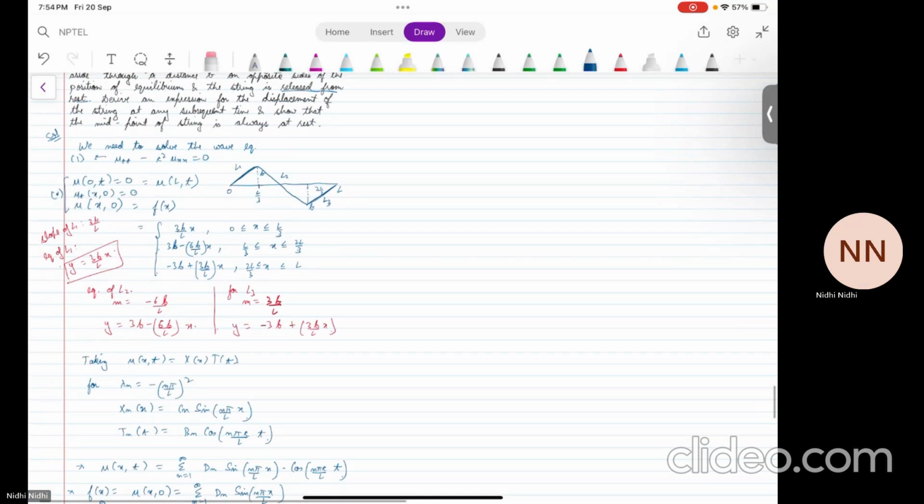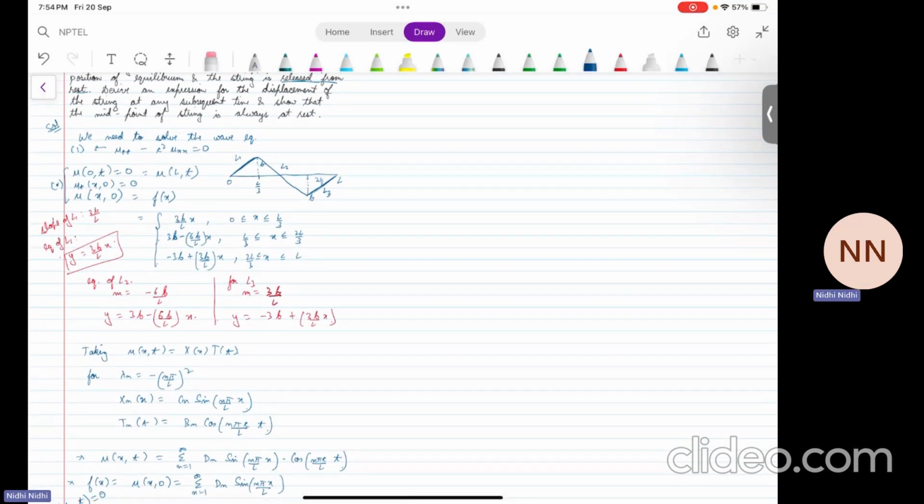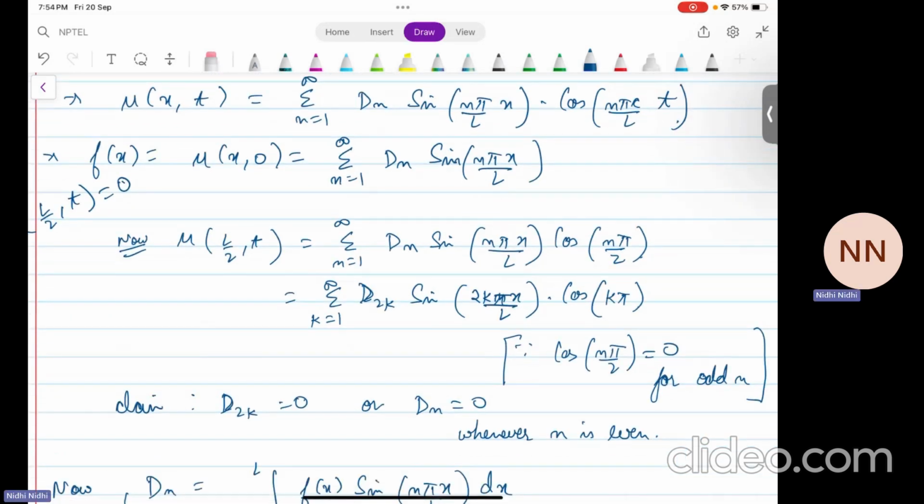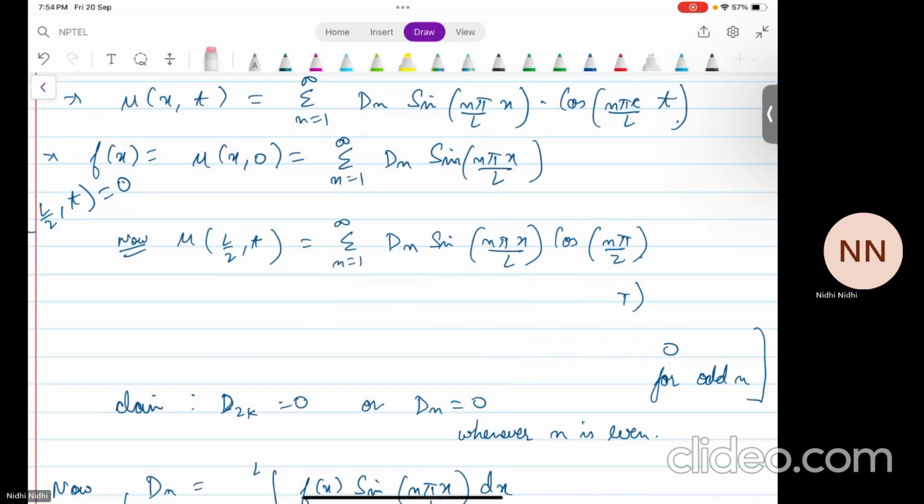Yes, we need to show that the midpoint of the string is always at rest. That means the movement at point L by 2 at any time t is 0. So from here, putting x equals L by 2, let me just rub all these things. So this will be 0 whenever n is even, because sine n pi is 0.